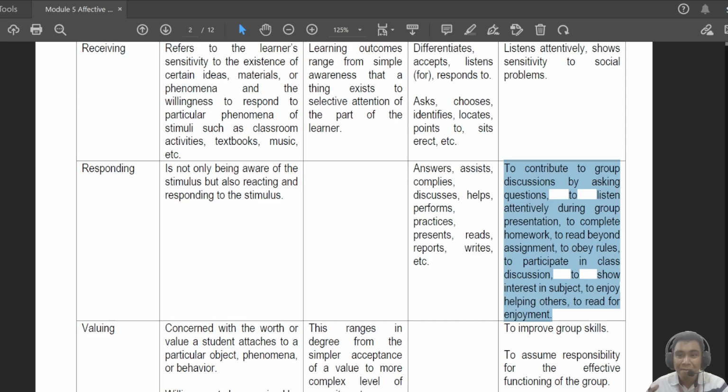Responding is easier to measure because you observe their response. You see that they really have an output: they said something, wrote something, did something, read something aloud. So responding in the affective domain is easier to measure compared to just receiving.